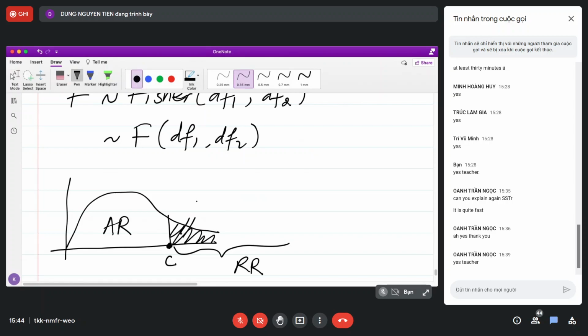So I would say that it is alpha. And if you know alpha and you know the degrees of freedom, then you can determine that value C, and you can compute the F value, right? And you compare F and C. If F is big, greater than C, then we reject the null hypothesis. If F is not big enough, less than C, then we fail to reject the null hypothesis. Do you understand, everyone? It is okay.